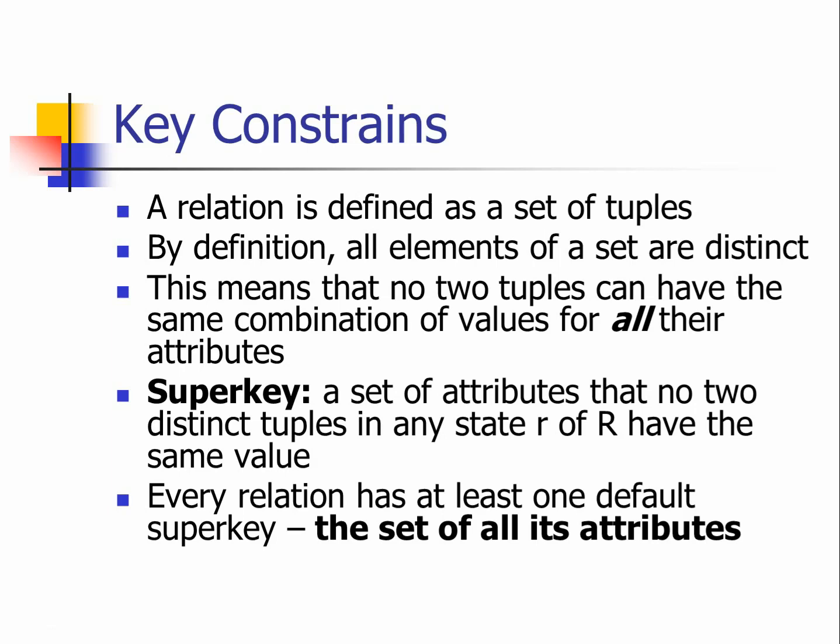Every relation has at least one default superkey, which is the combination of all of the attributes. Since the definition says that they cannot be all the same, if we pick every single attribute, that is a default superkey.